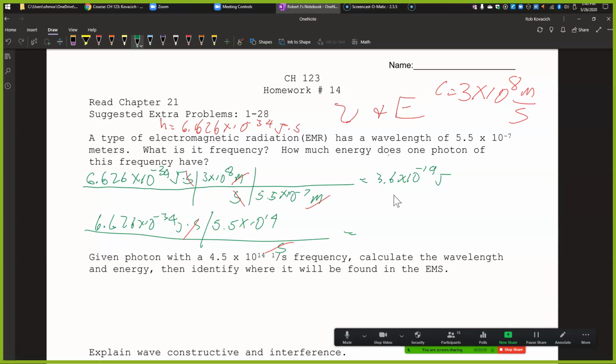Is that negative 19? No, it's not 3.6. We're using the answer we got from the prior question, which was 5.5 times 10 to the 14th. Oh, right. So it looks like it rounds up to 3.7 times 10 to the negative 19th joules.